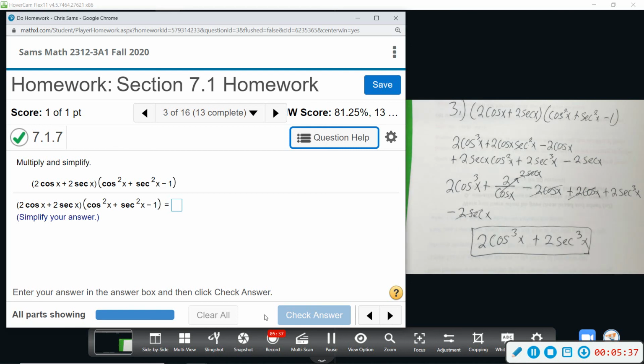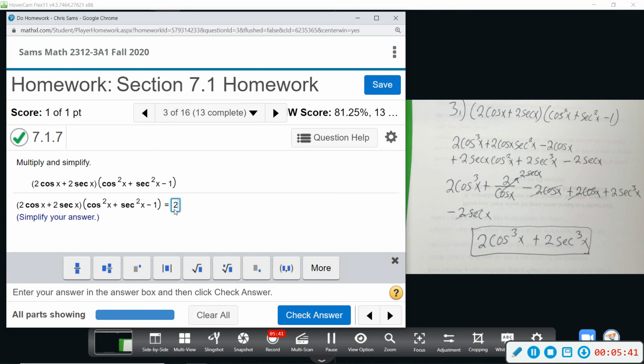So this will be our simplified form. 2 cosine raised to the third x plus 2 secant raised to the third x.